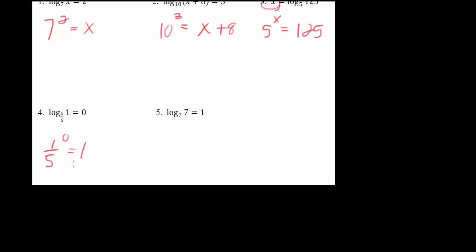And it equals the inside of the logarithm. And that's interesting because 1/5 to the 0 power, anything to the 0 power is 1. And look, these follow our rules, but I can also set it up as the base of the logarithm is 7 equals the first power. 7 to the first power equals 7. And so we get a true statement there.